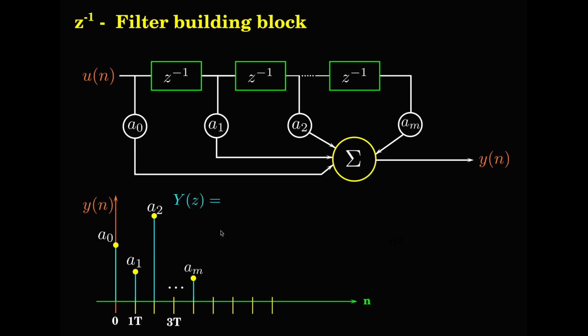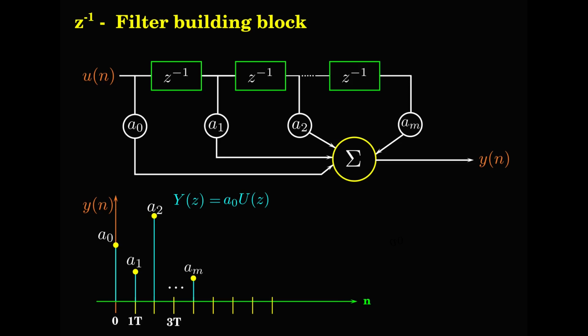So now let us calculate the Z-transformed value of this discrete y[n]. So Y(z) equals, what does it equal to? You have this A0 value at 0T, so A0 z to the power of minus 0, which is 1, into U(z). So U(z) into A0 is the one which goes on to give you the output.